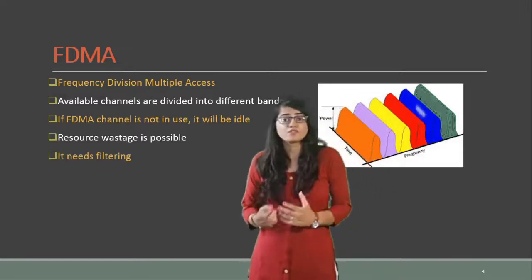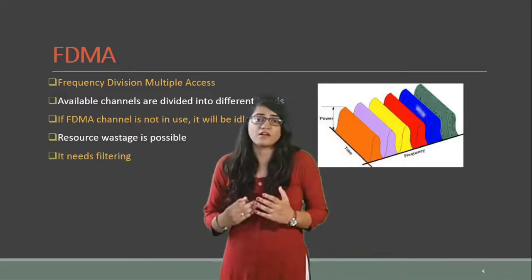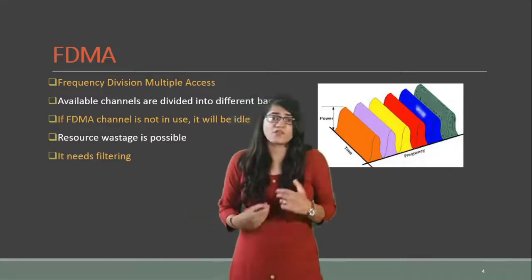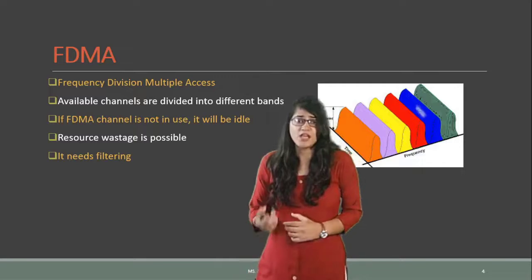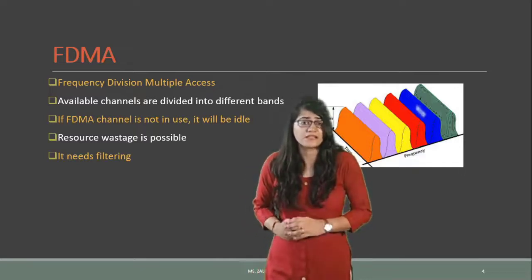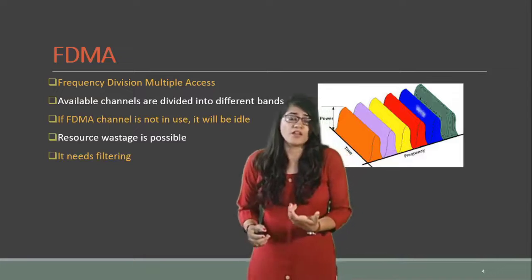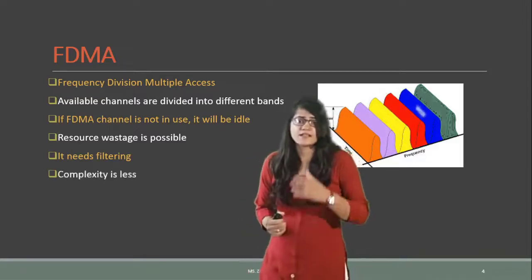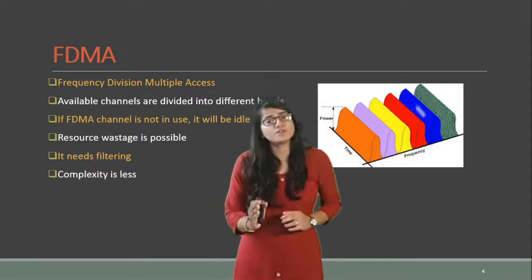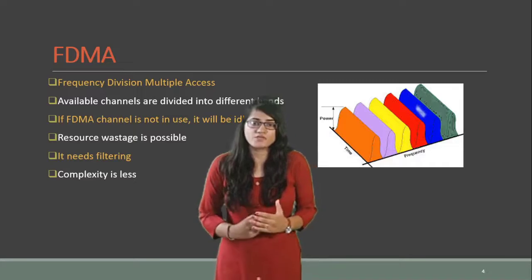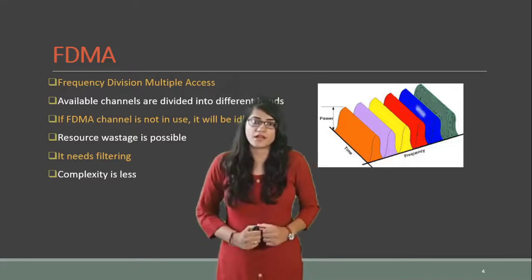There is also some distortion present, which we will see in the nonlinear effect of FDMA, and because of that nonlinearity generated in FDMA, some amount of filtering is necessary to get the available number of channels. Obviously, the complexity is less because one particular user uses one channel, so each individual user uses an individual set of channels.